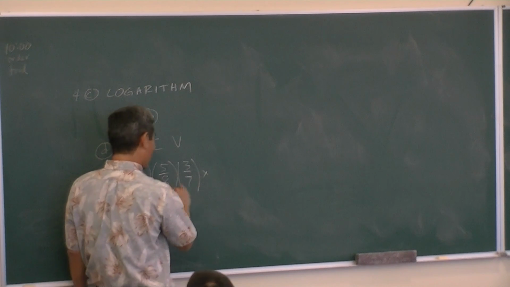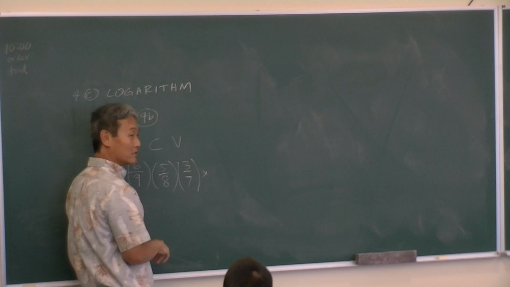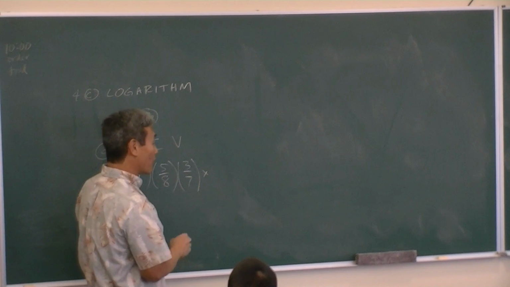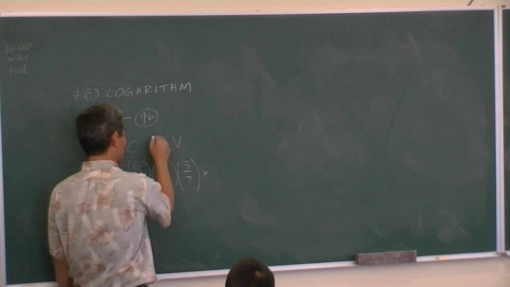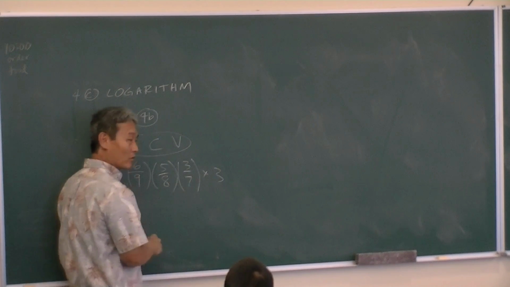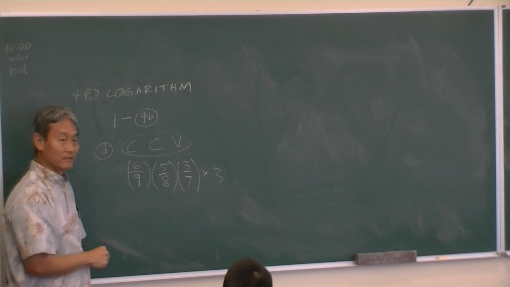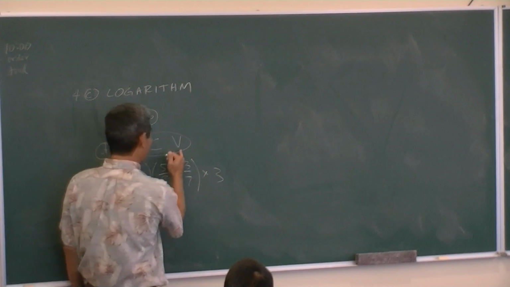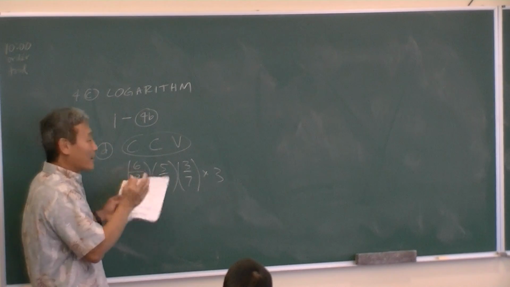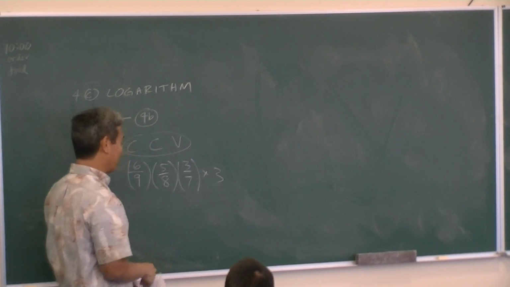However, is this the only way you can get 2 consonants? No, since we're pulling one at a time as an order, you have to multiply by the number of different orders. How many different orders are there here? 3. It's just like how many 3-letter words can you make with 2 C's and a V. Or just think about it: the vowel could have been here, here, or there. It's 3 cases. I don't care how you count it, you've got to come up with that multiplying factor.